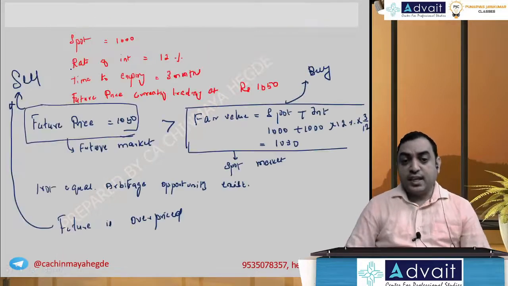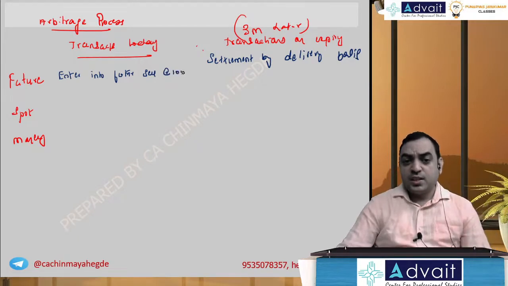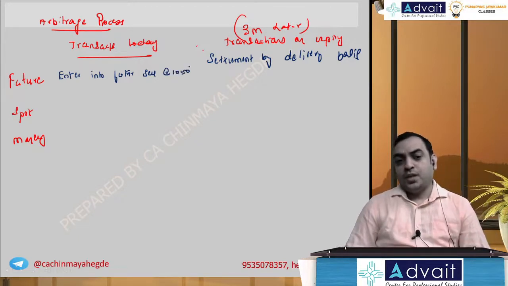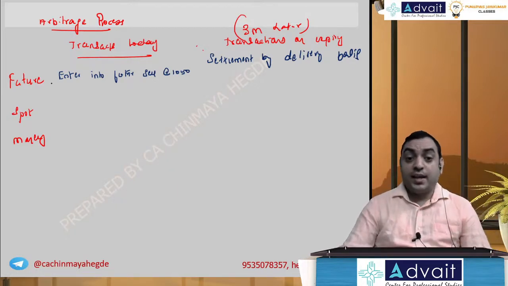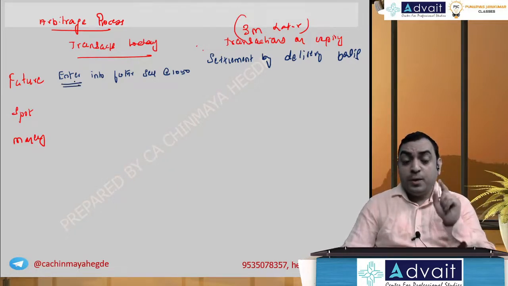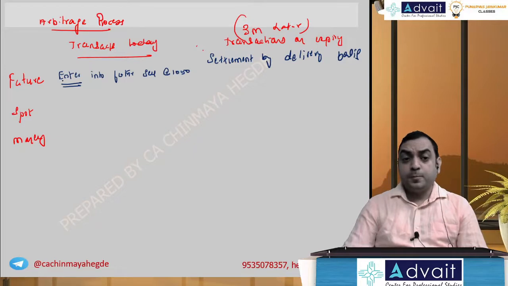Enter into future sell at the price prevailing, 1050. Now, in future I'm selling, which means in the spot market I will buy. Why am I writing enter into? Because it's a contract. I'm not receiving 1050, and I'm not selling the share today. It's an agreement, so that's why I use the words enter into.